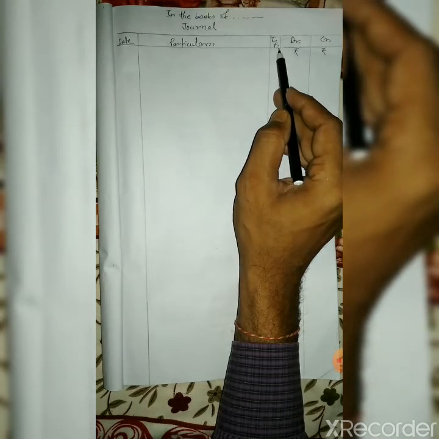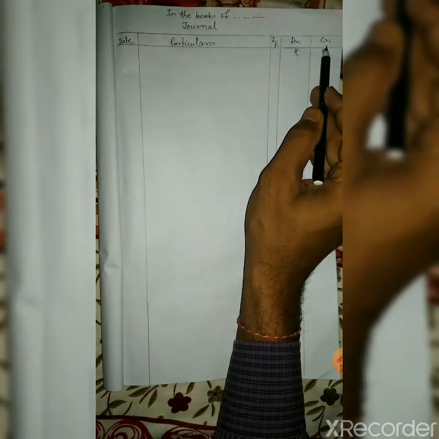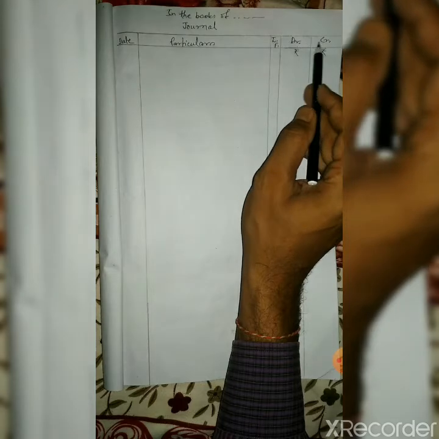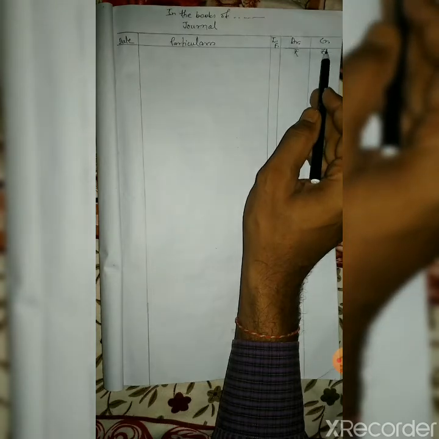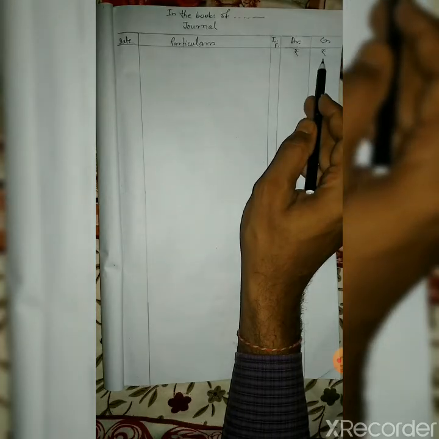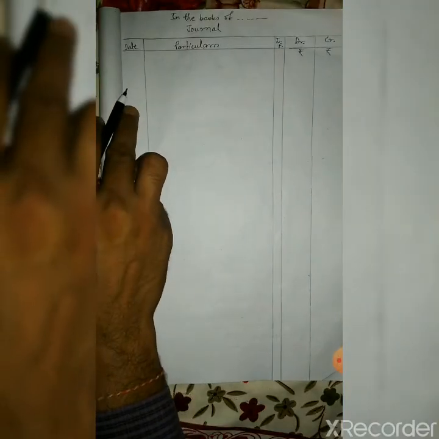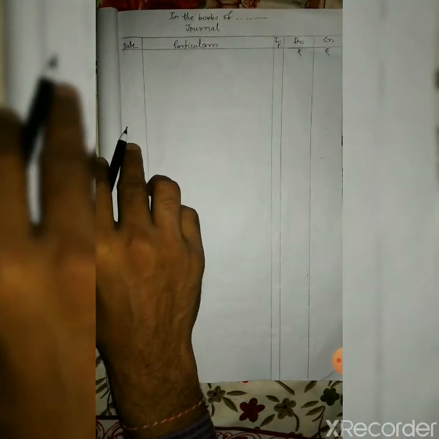I will give you more detail about this later. Again, there are always two sides in case of the double entry system, so for debit and credit we write Dr and Cr. So there will be two columns of debit and credit, and you will write the currency there. So it will be rupees in this case.